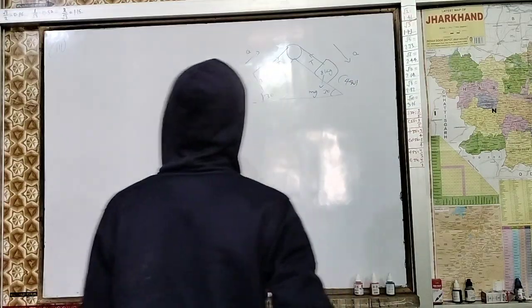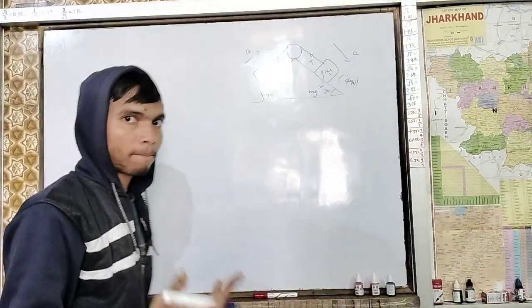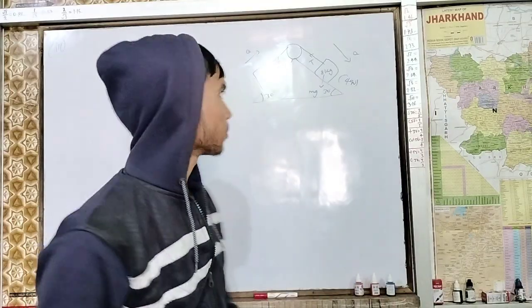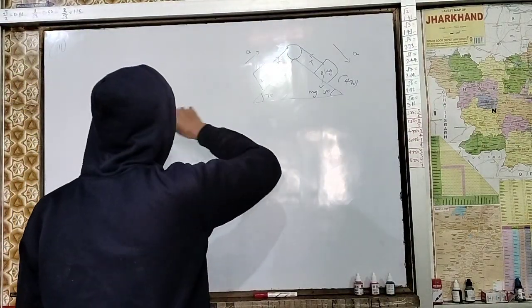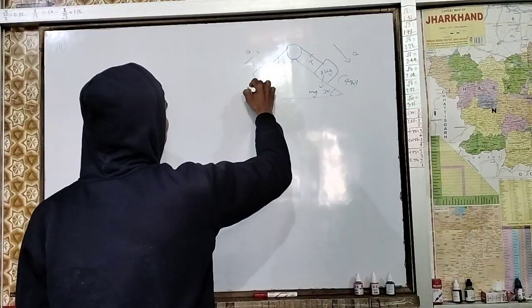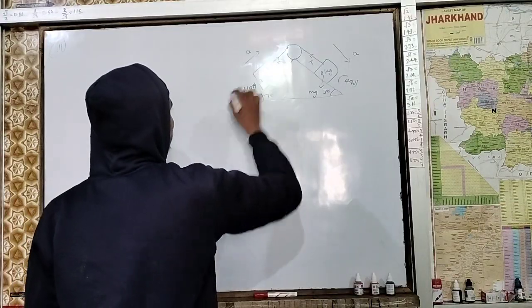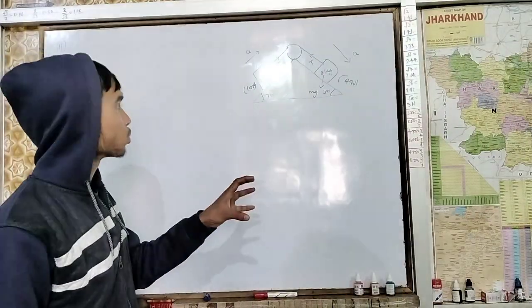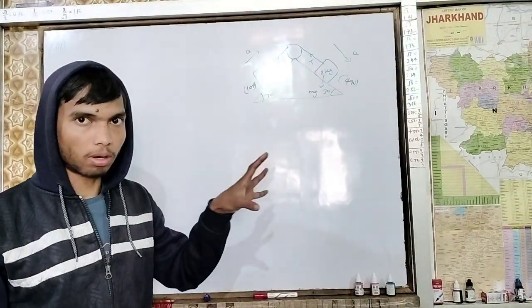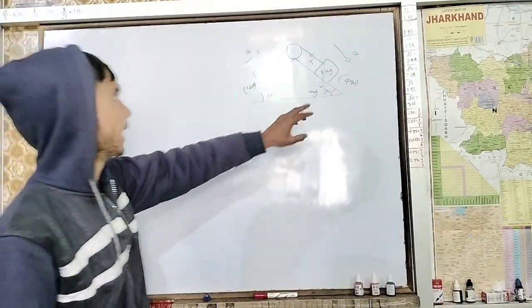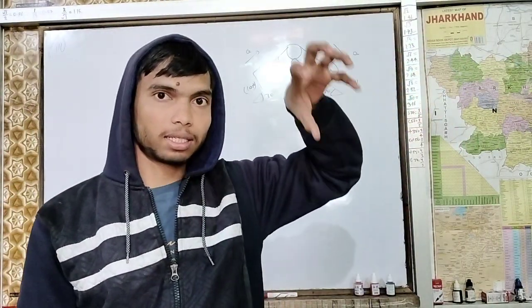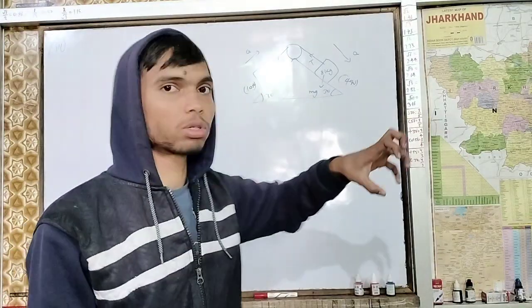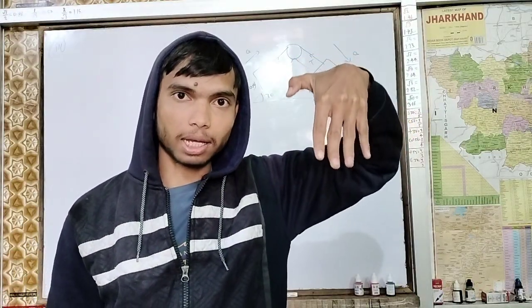For this, m is 2, 20 upon 2 will be our 10 Newton. This much Newton is stopping the 2 kg block from going upward, and 40 Newton is acting on the second block so that the block can come downward.